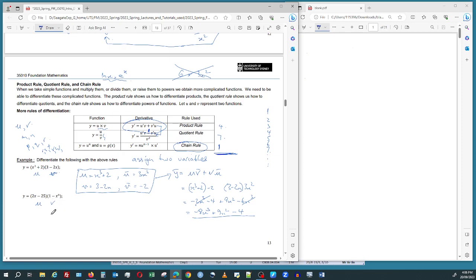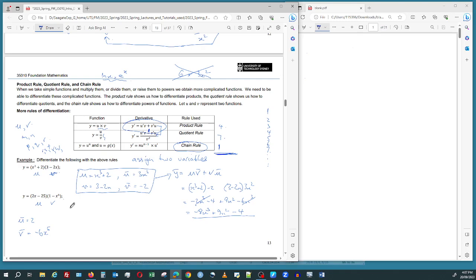U and V. So U dash will be equal to 2. V dash will be equal to minus 6x^5. Just following the single rules, just doing them one at a time.